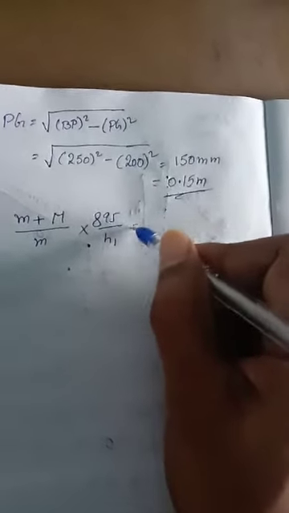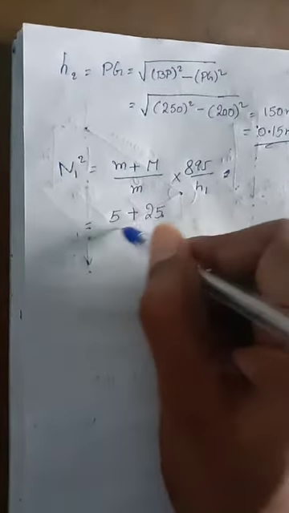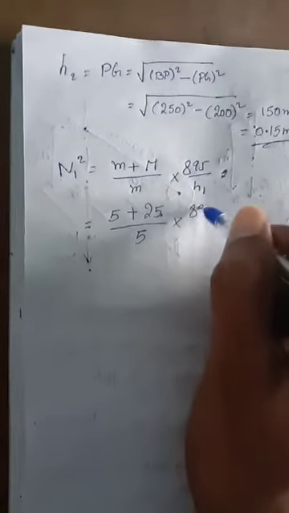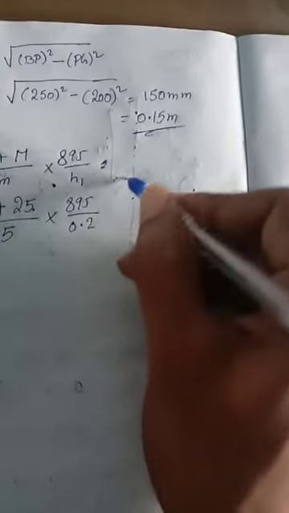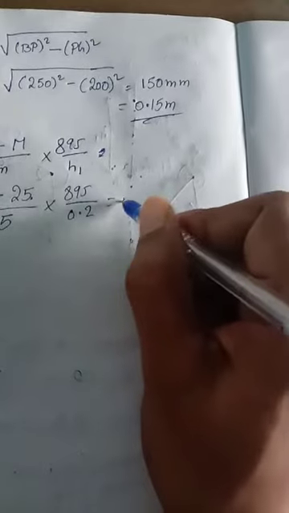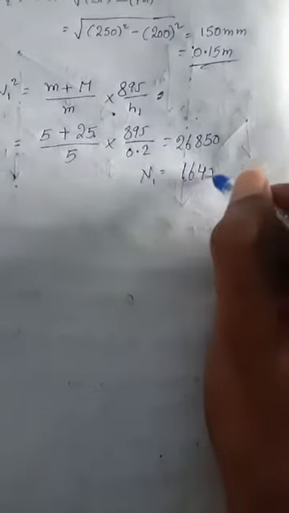Substituting all the values: 5 plus 25 divided by 5 into 895 divided by 0.2, that is h1. Calculating this, you will get 26,850, and taking the square root, N1 is equal to 164 rpm.